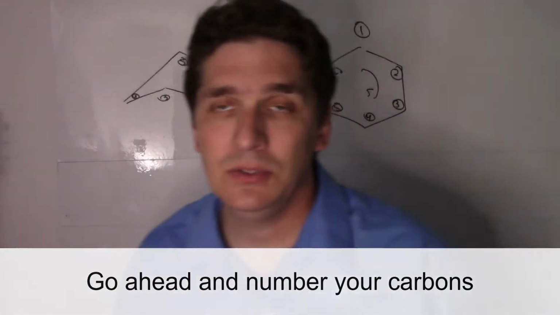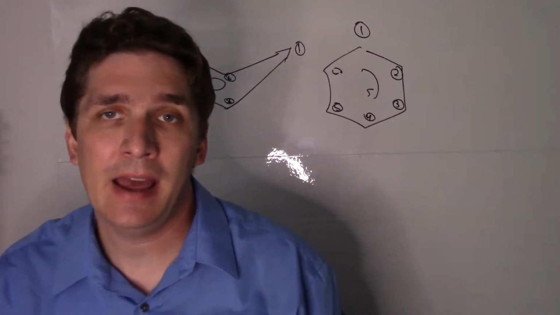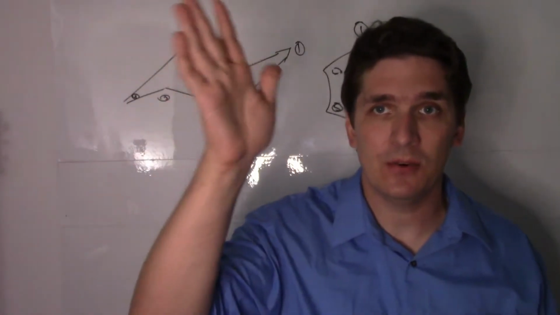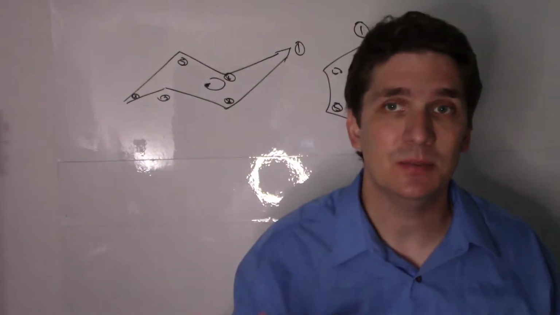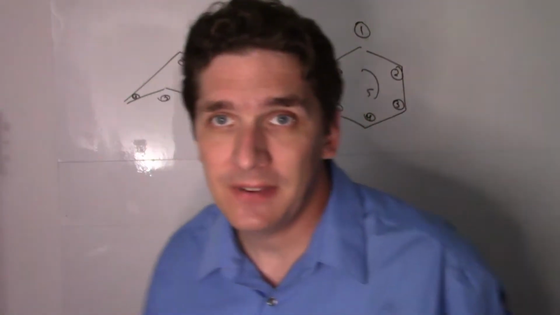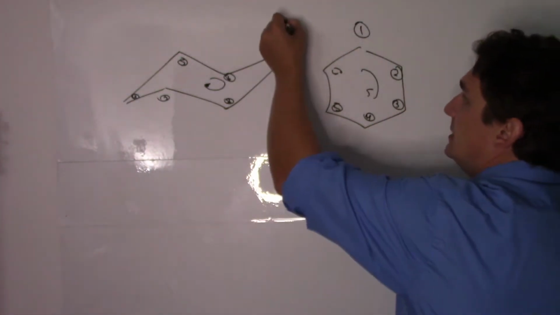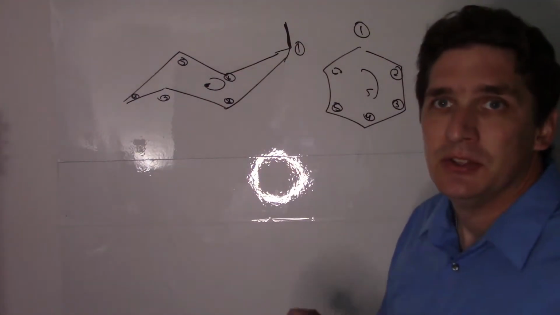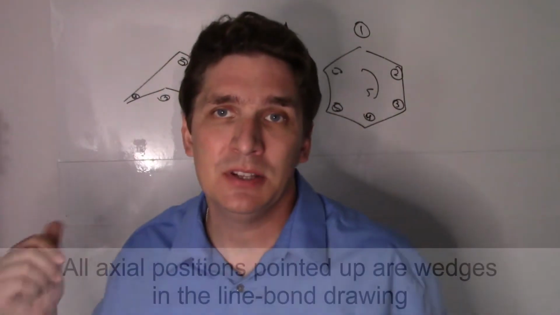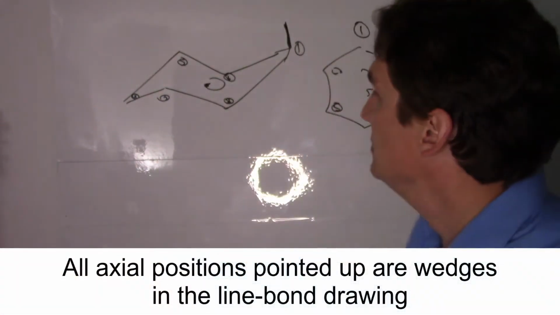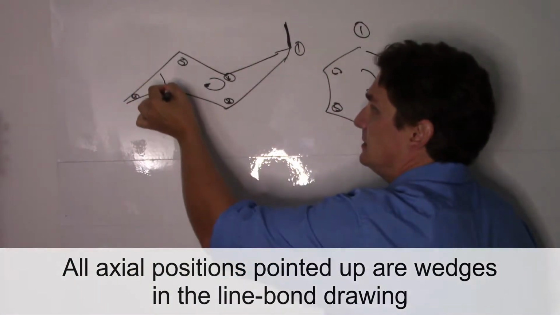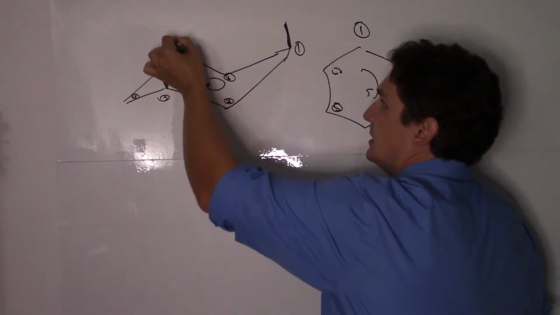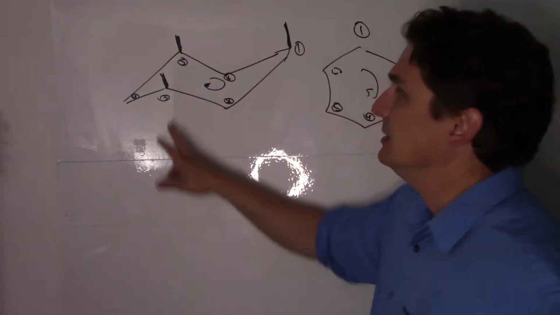Now, why do I do the axials? Well, the axials will always be above or below the plane. They're the easiest for me to see. So I define in this 2D drawing, the first one always has an axial position up. So anything that is pointed up in this 2D drawing is going to have a wedge. There are 3 carbons that have upward pointing axial positions, 3 and 5.